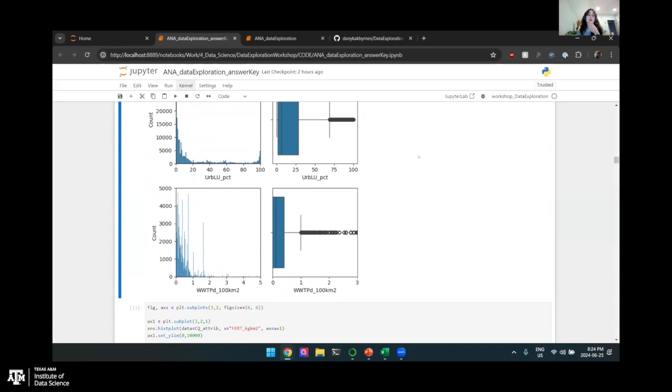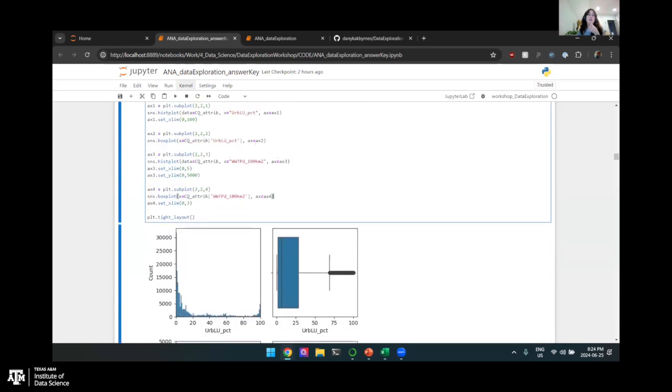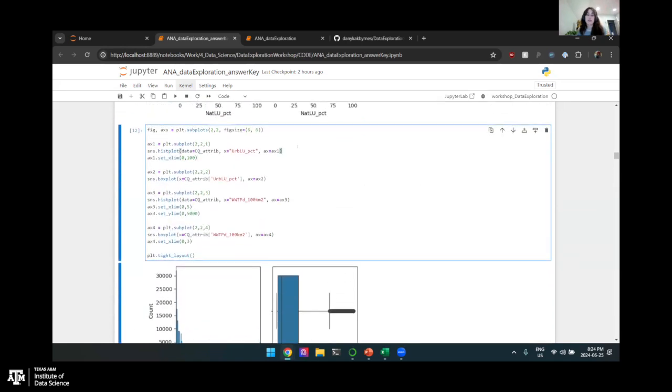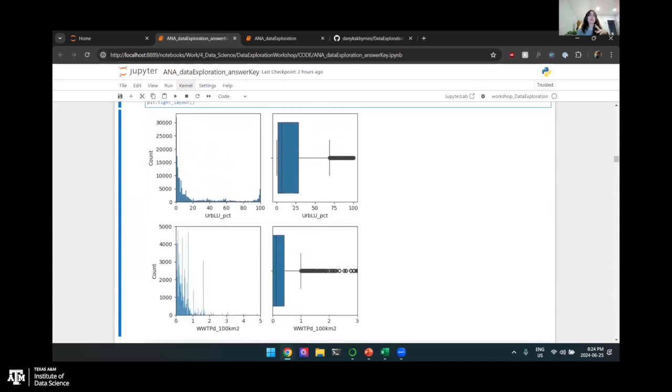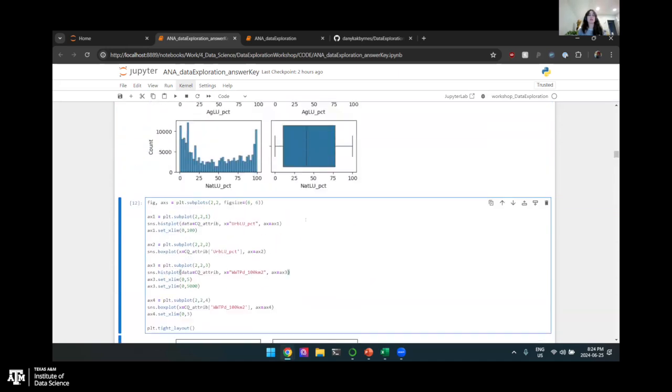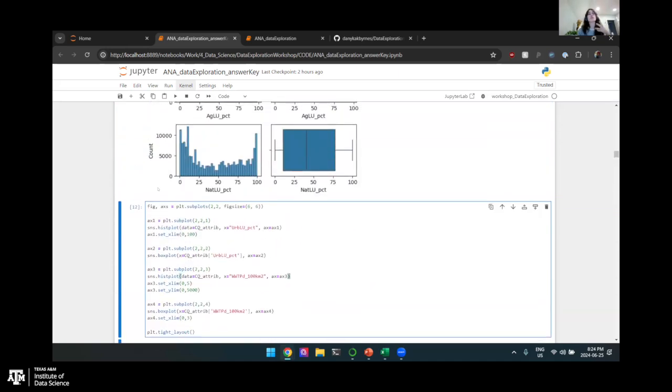Okay, so next we want to plot urban land use and wastewater treatment plant density. Intuitively, would you expect wastewater treatment plant densities to be highly correlated with urban land use?